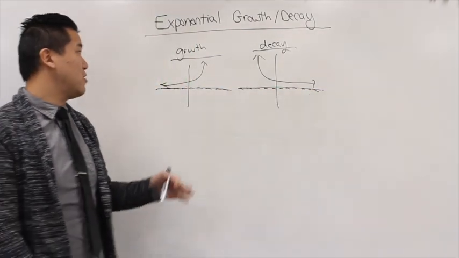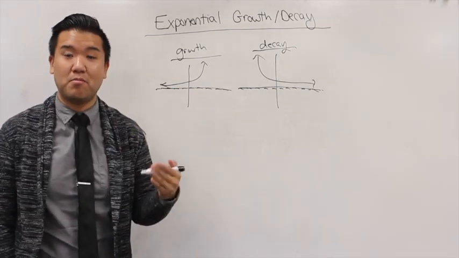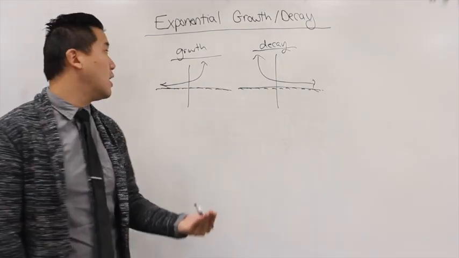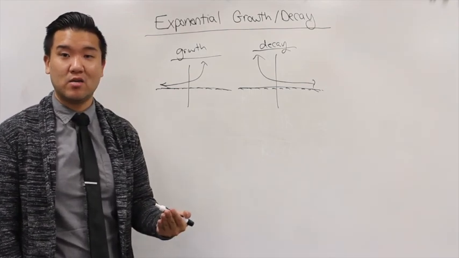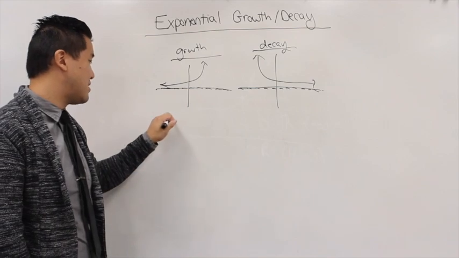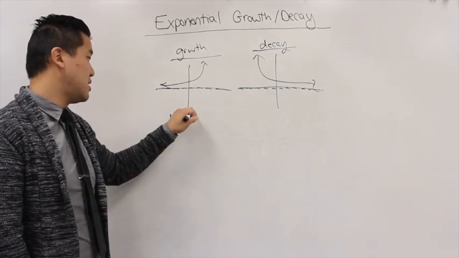So in life, there are a lot of things that are decay and growth. A lot of the time we talk about growth when we talk about banks and interest. When we're gaining money at a bank at a certain percent, you might start at $10 and then make 10%.